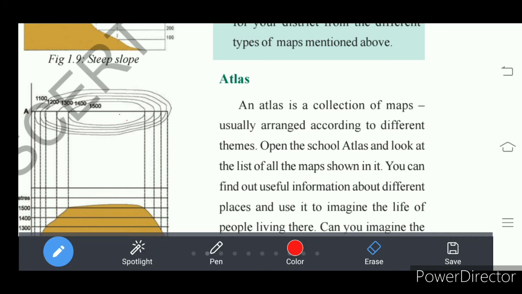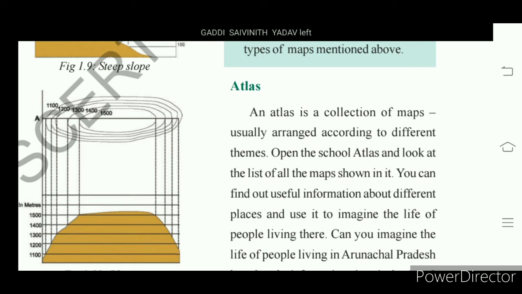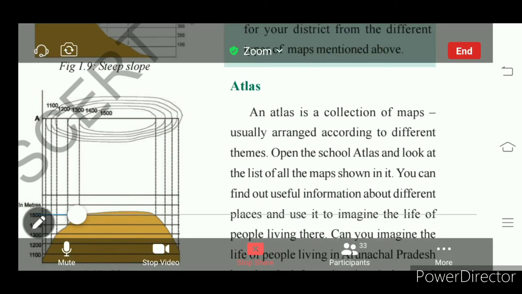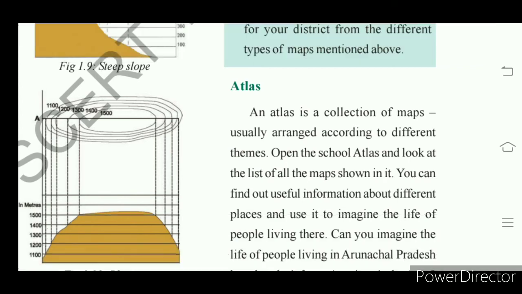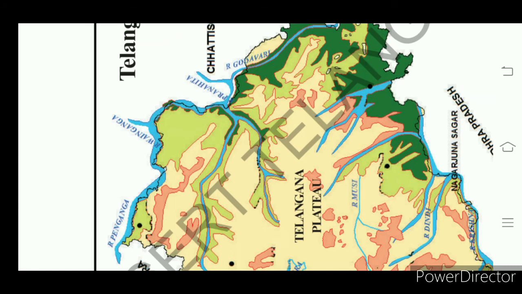Several maps: India political map, India physical map, Europe, Asia, West Asia, Africa, physical maps and political maps also. So the atlas helps us to know the places. We can imagine the life of the people living in different places with the help of the atlas, right?